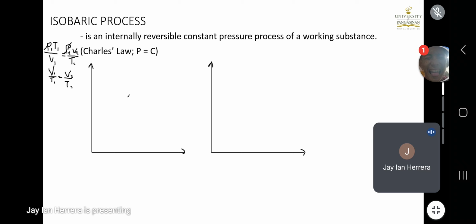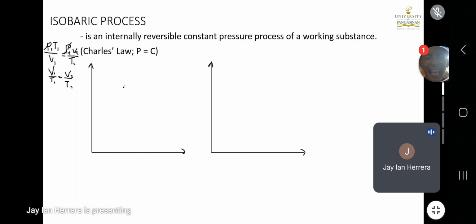So for example, diesel cycle. So diesel cycle kasi is constant volume. Tapos magiging isentropic, constant entropy, then constant pressure siya. Yun yung pag-expand. And then isentropic ulit.